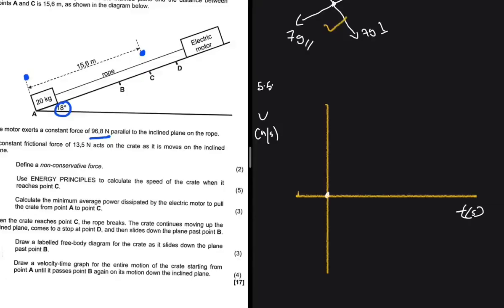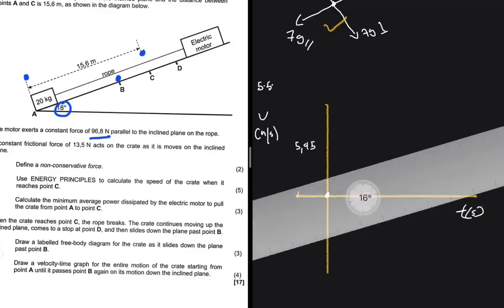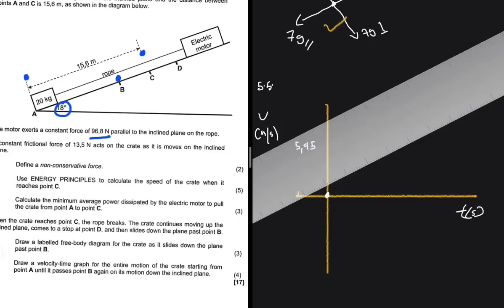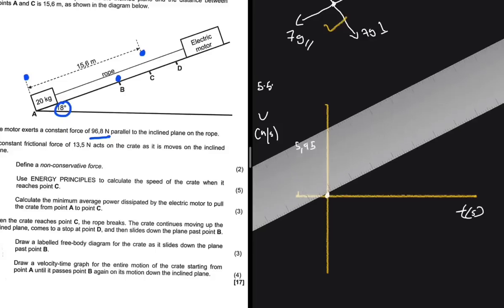And then at point C, we have a velocity of 5.95 meters per second. So let's write 5.95 here.